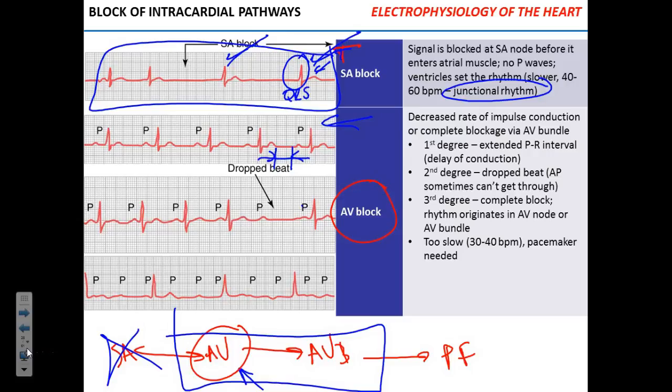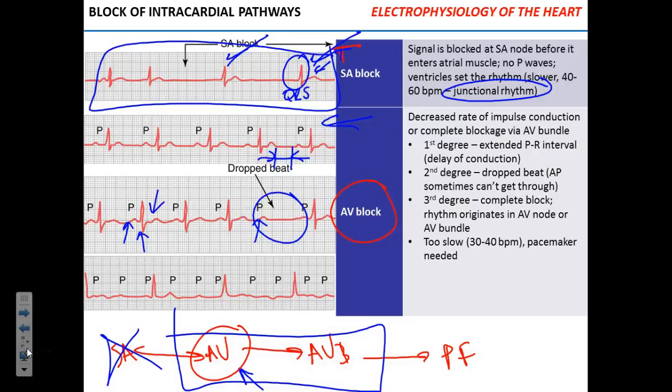Second degree, when signal does not go at all, it's called a dropped beat. Second degree heart block. Does that make sense? So you have P wave, you have QRS complex, you have T wave.